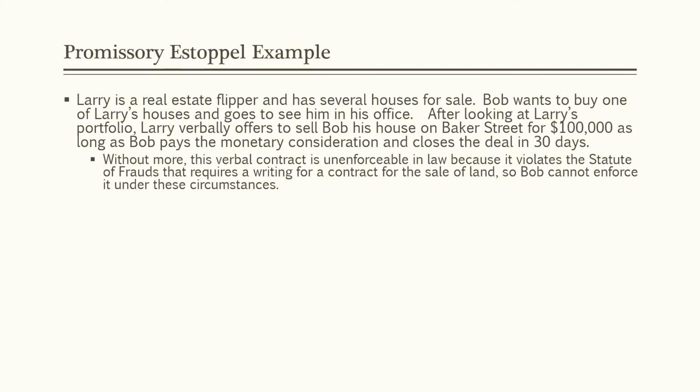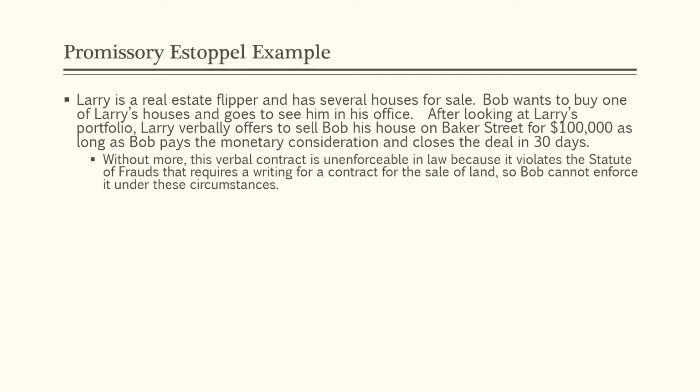Suppose Larry is a real estate flipper and has several houses for sale. Bob wants to buy one of Larry's houses and goes to see him at his office. After they look at Larry's portfolio of houses, Bob sees one he likes. Larry verbally offers to sell Bob his house on Baker Street for $100,000 as long as Bob pays the monetary consideration and closes the deal in 30 days.